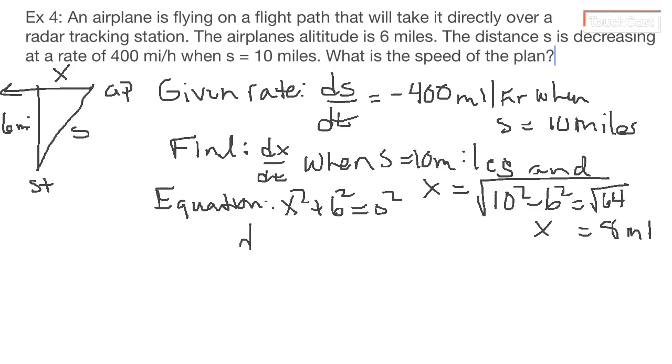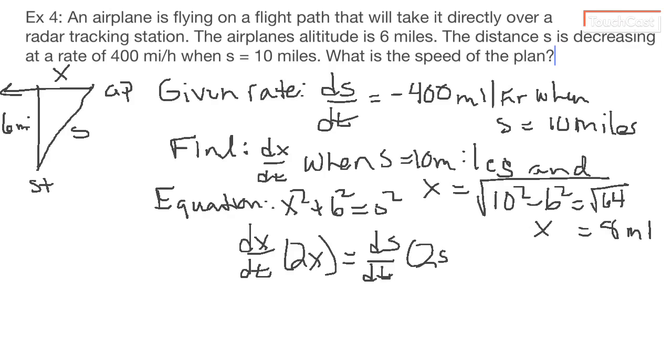We have dx/dt times 2x, because the derivative of x squared is 2x. The derivative of 6 squared is 0, so we can ignore that. That's going to equal ds/dt times 2s, and we want to find dx/dt.